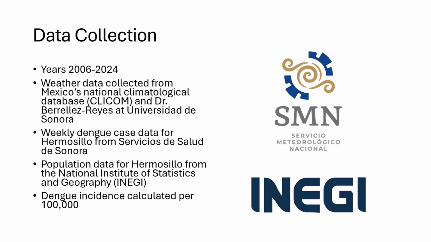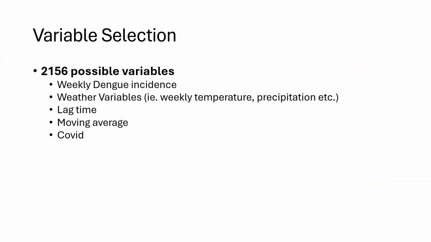So we got all this data, and then we separated it into potential weather variables that we can associate with dengue. And so when we did that, we ended up with 2,156 possible variables. So these variables include things like weekly dengue incidence, so how much dengue was occurring in weeks before whatever time period we're interested in looking at, as that's been shown to have an influence on more dengue happening.